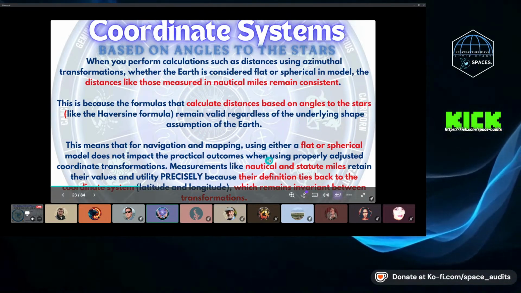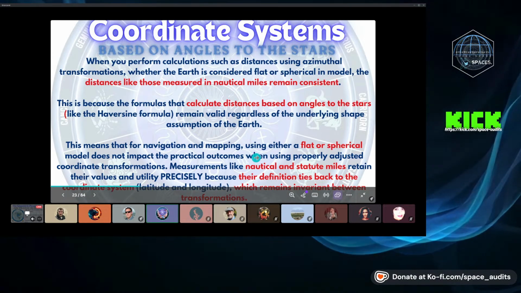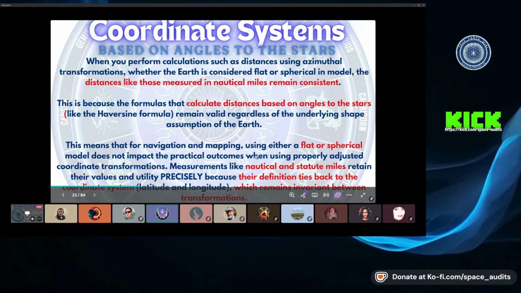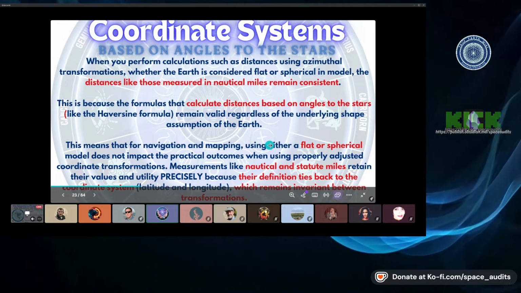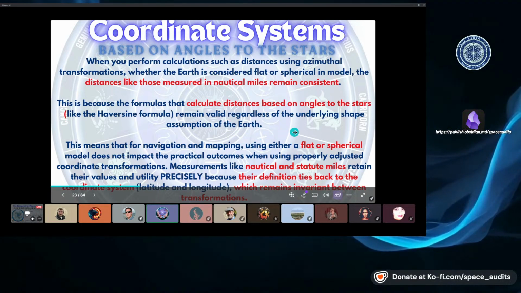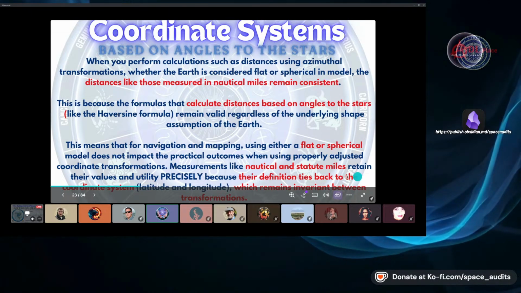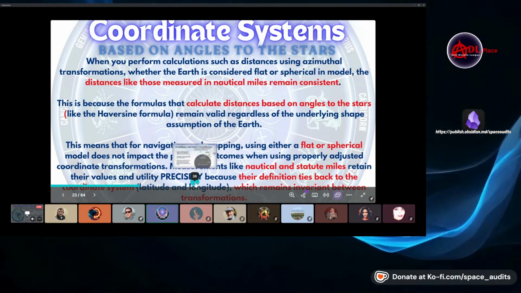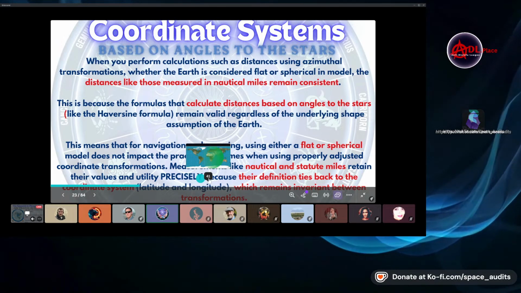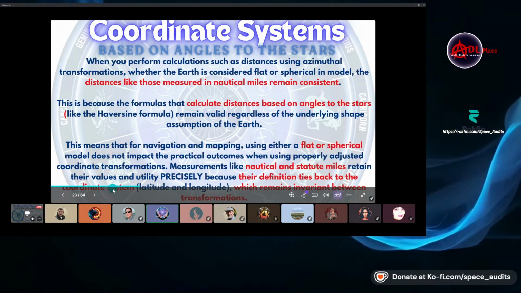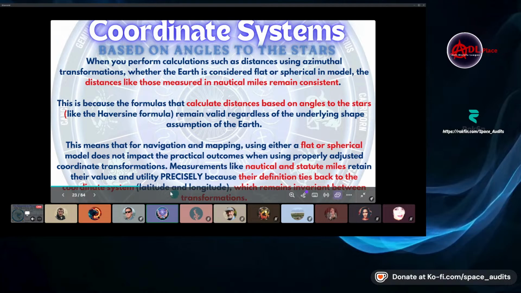We just went over how it's ratios of the unit of measurement of the coordinate system itself. But even without knowing that, you can say that they remain consistent between transformations. So measurements like nautical and statute miles retain their values because their definition ties back to the coordinate system, which remains invariant between transformations.